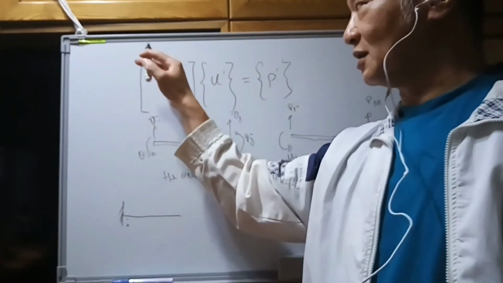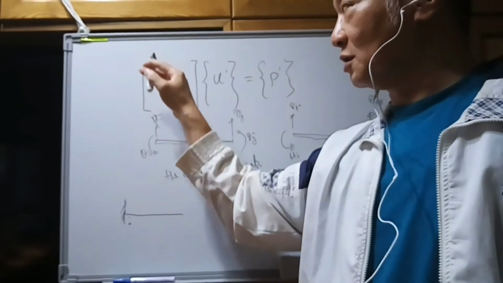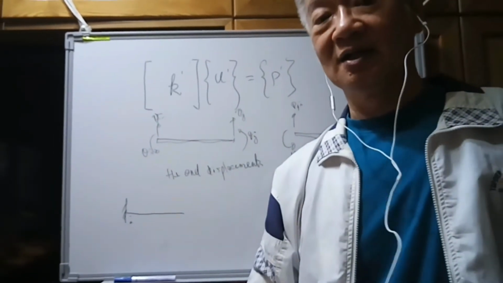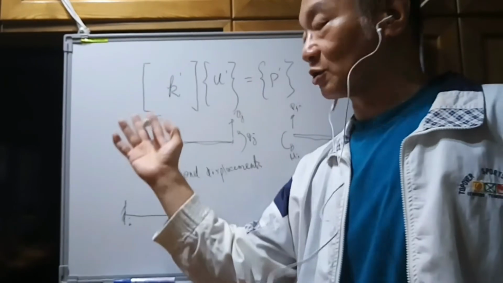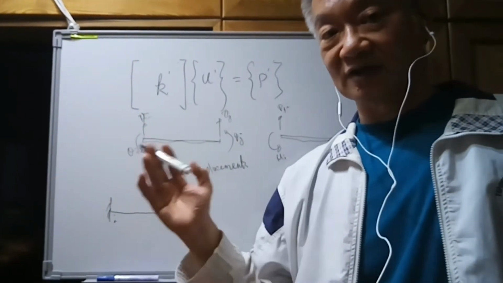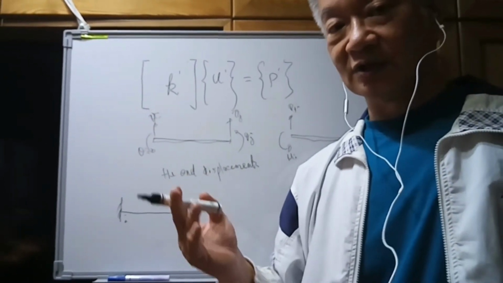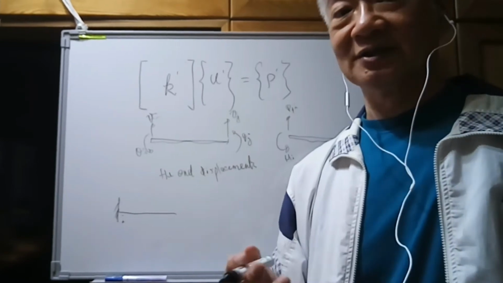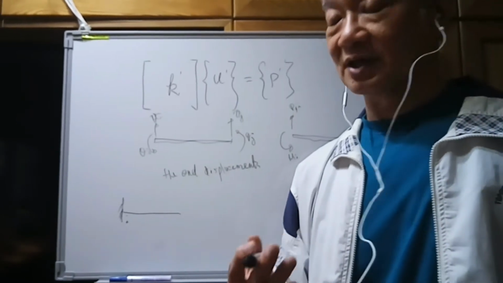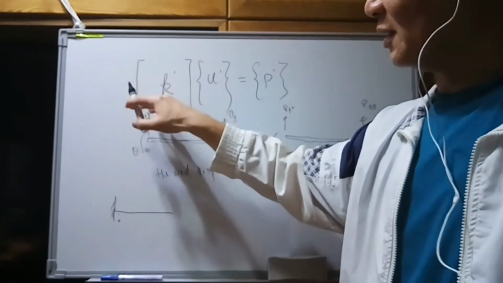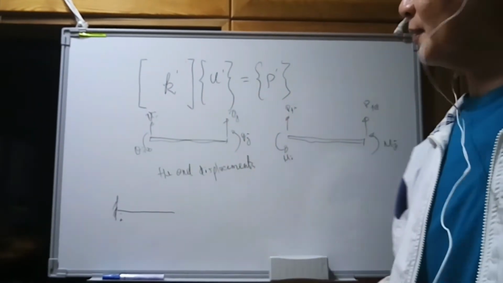In these four new equations, we don't need the first two columns of the elements, since we know they will be multiplied by zeros.